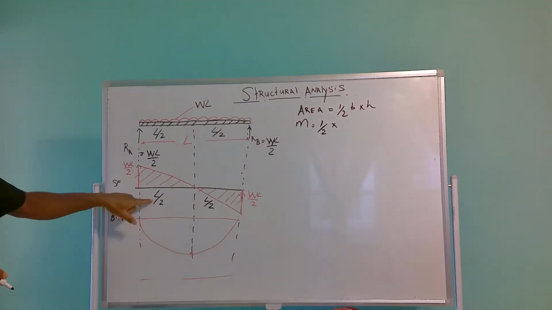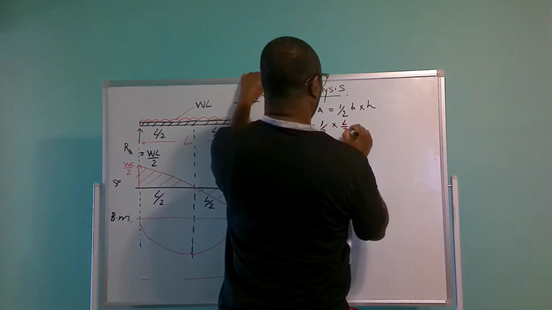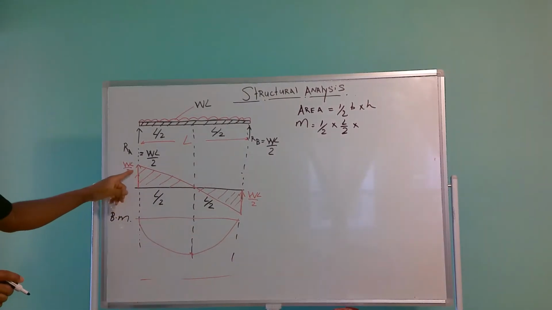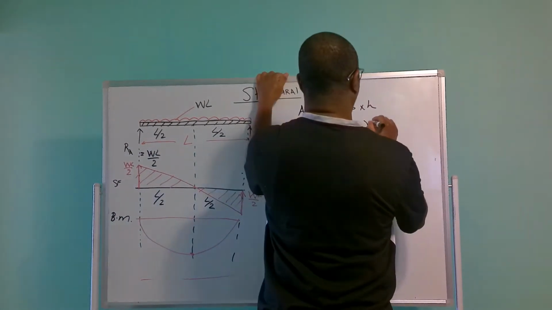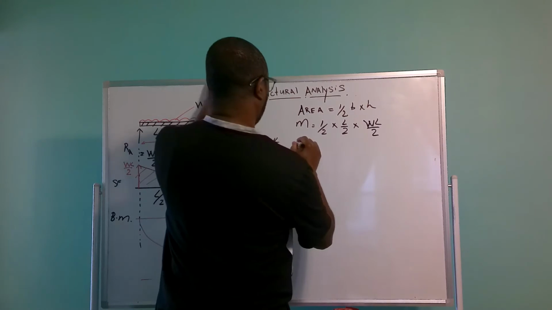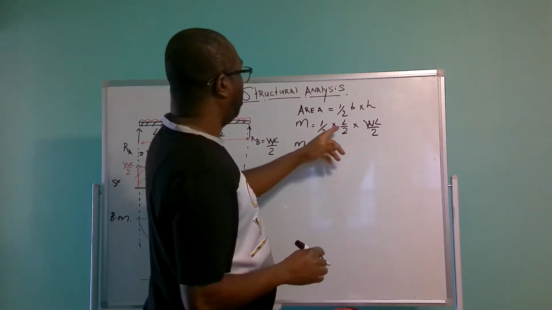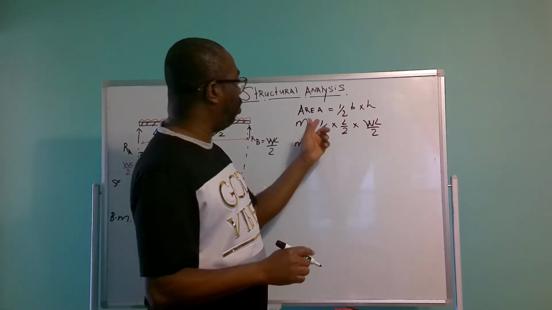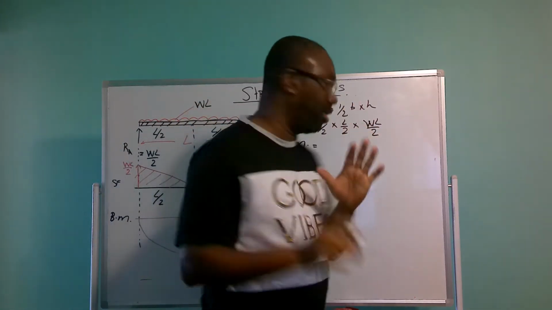The base is going to be L over 2, and our height is going to be WL over 2. So the moment is going to equal 1 times L times WL, and that is going to equal WL squared.